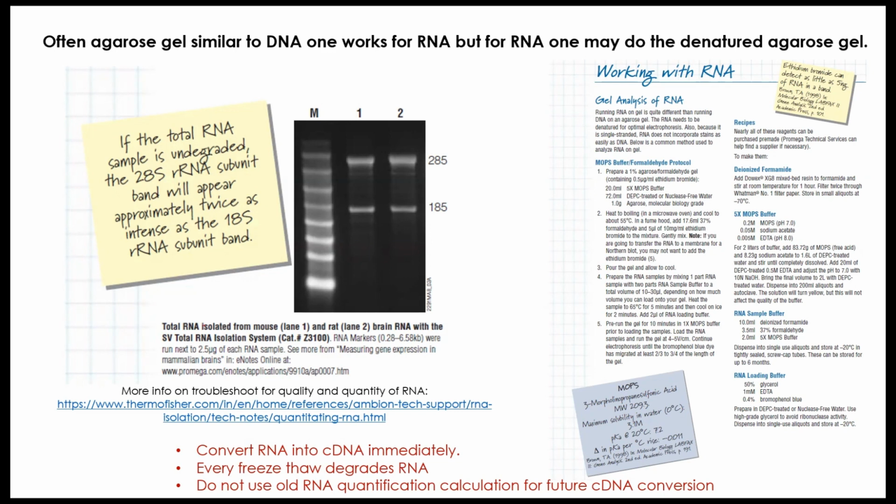Though you have several different subunits, 18S and 28S in eukaryotic cells are the most abundant ones, right? So if the extracted RNA is of good quality, you will always see that the 28S band is double the 18S band, right?